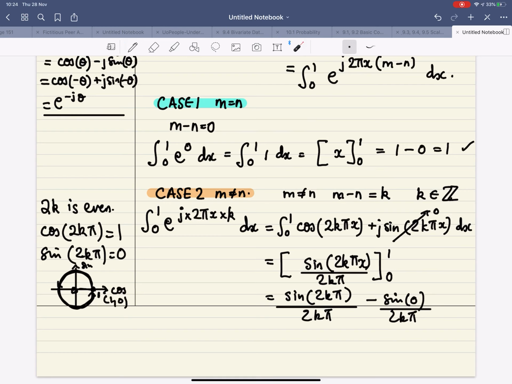Here we've got sine of even multiples of pi, and the sine, as we described over here, is 0. So that's 0, and the sine of 0 is 0, which equals 0.